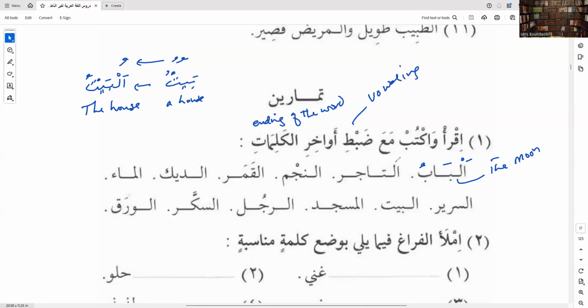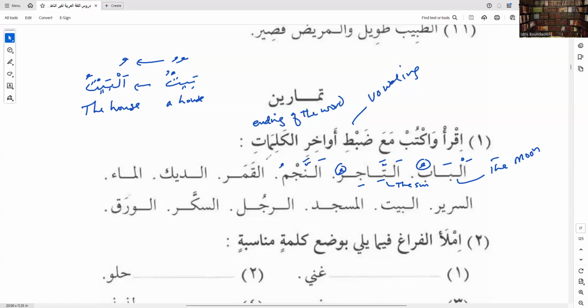Al-babu. Now, here I'm going to say at-tajiru. I'm not saying al, I'm saying at-tajiru. So it tells you that the ta is what? The sun letter. At-tajiru. But because they have alif or lam, the ending is a single dhamma. It shouldn't be double.